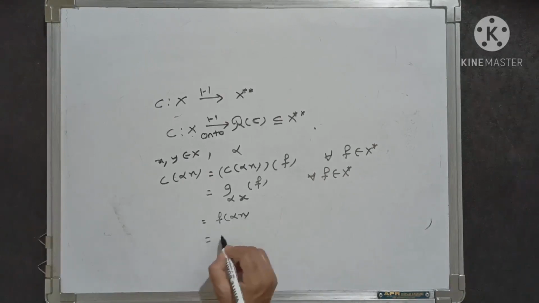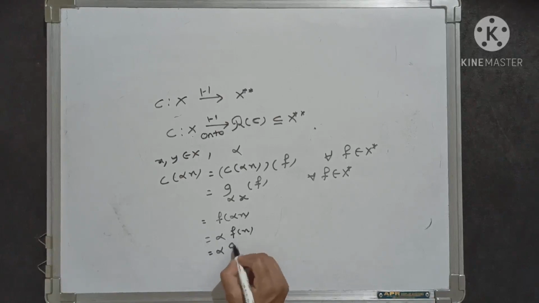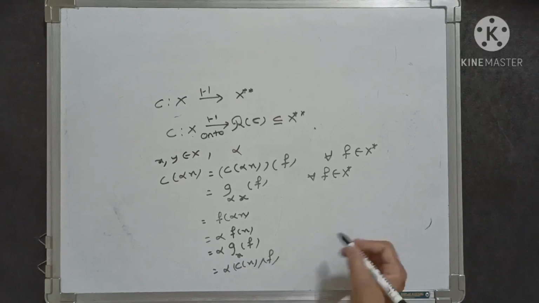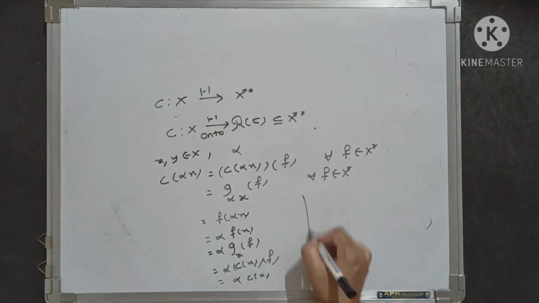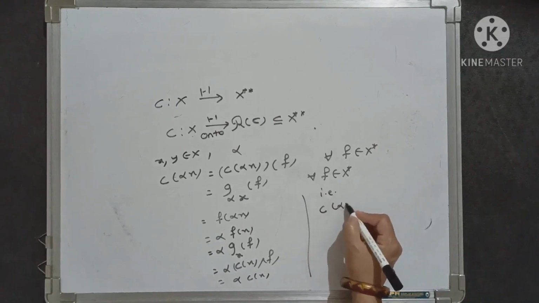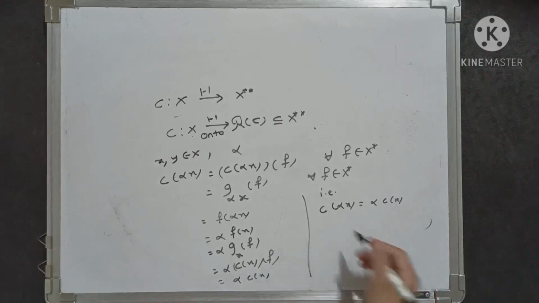F is linear and therefore it is equal to alpha f of x. It is equal to alpha gx of f, and that is equal to alpha Cx of f. It is alpha C of x. That is, C of alpha x is equal to alpha C of x.